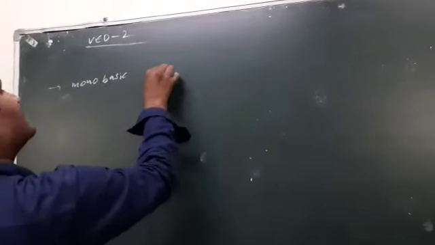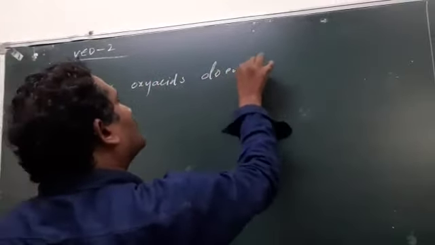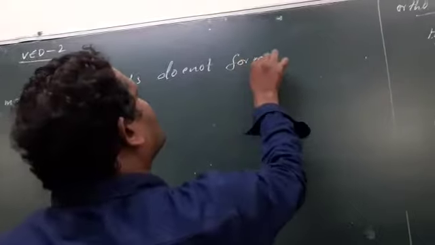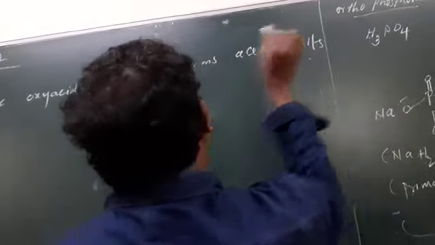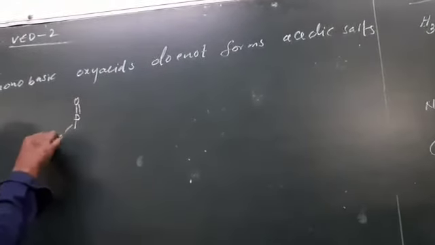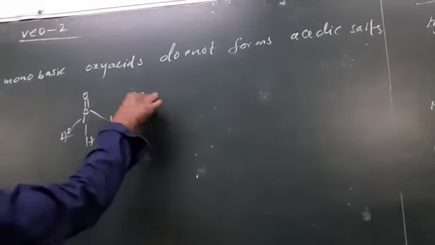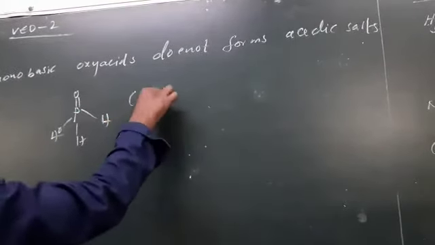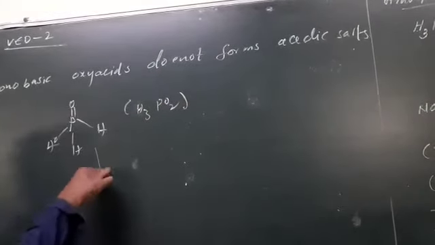Monobasic oxyacids do not form acidic salts. Example: hypophosphorus acid, OH, H, H. This is hypophosphorus acid, H3PO2. Here only one OH group.